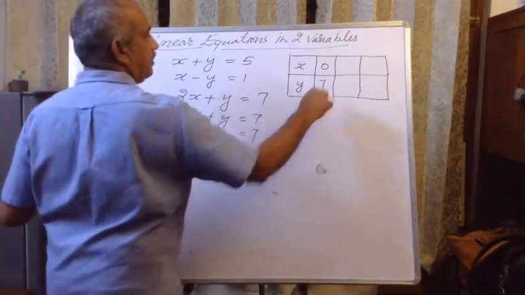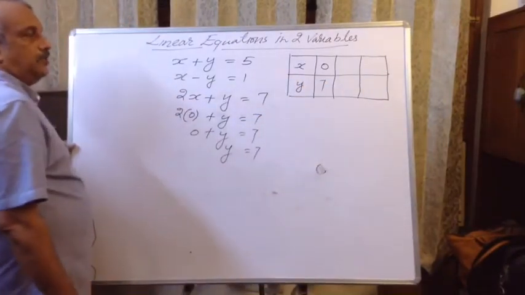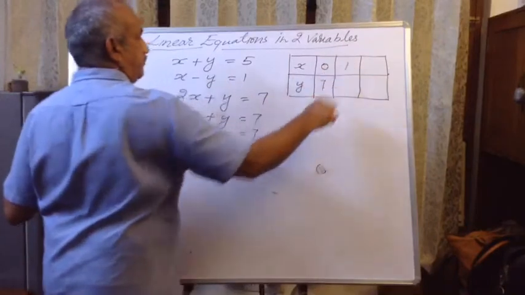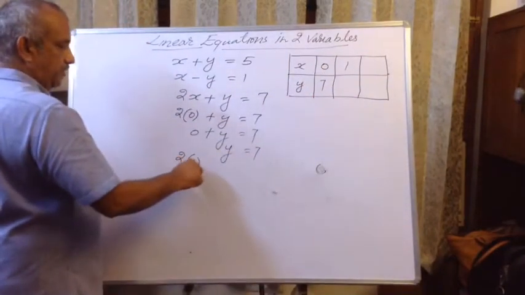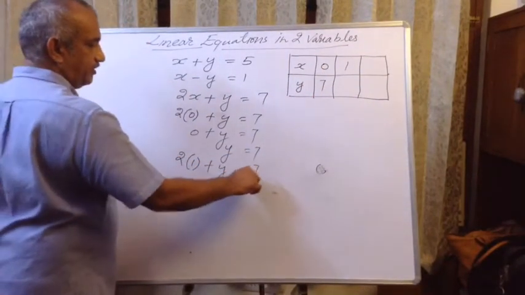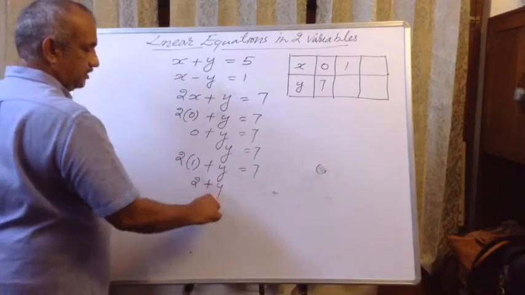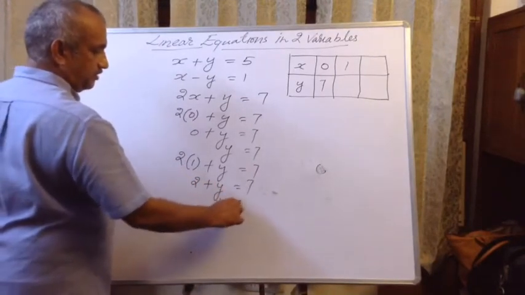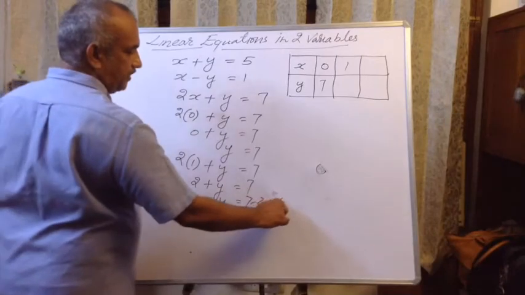So 7 I am getting. Another one, say I am putting 1. So 2 into 1 plus y is equal to 7, 2 plus y is equal to 7, y is equal to 7 minus 2, which is 5.